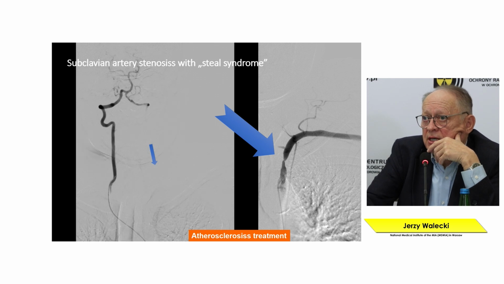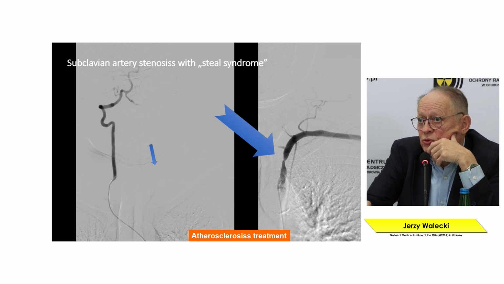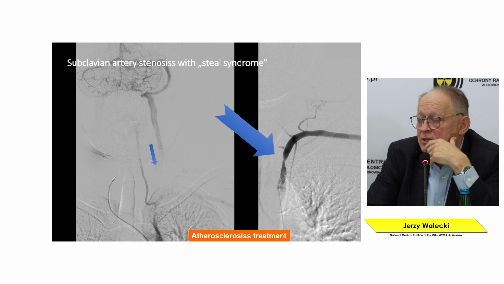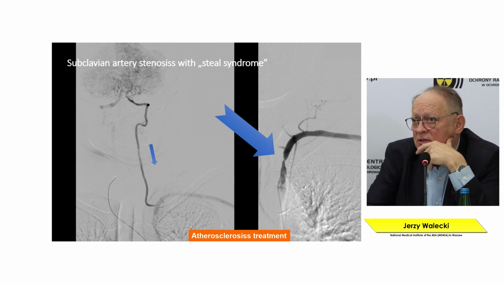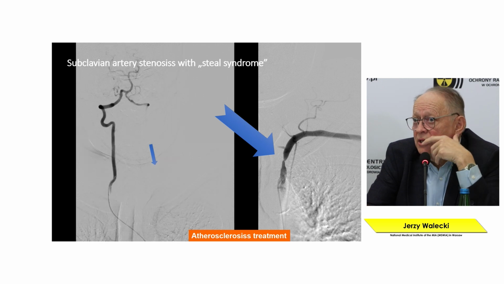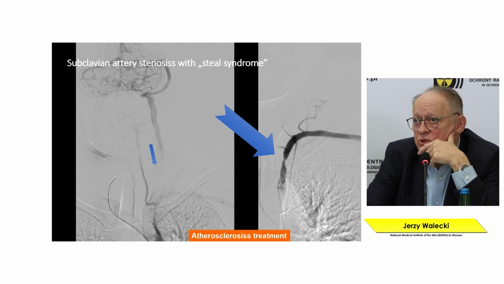This is the narrow subclavian artery part, and blood gets away from the brain, and it is directed to the subclavian artery.